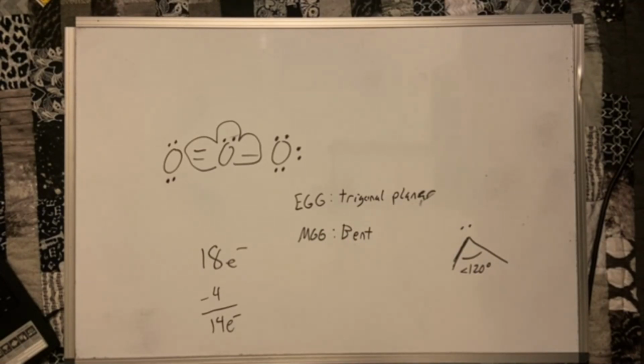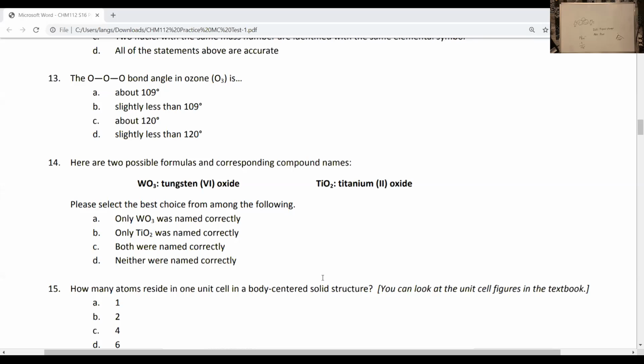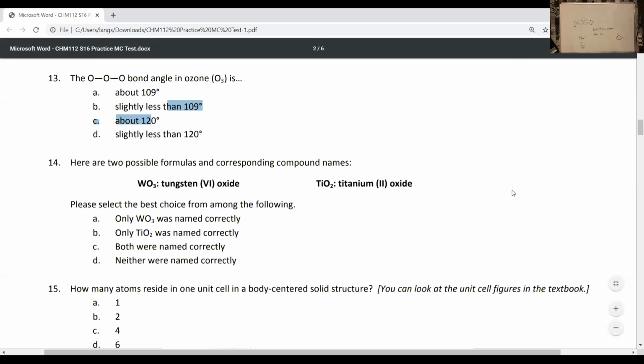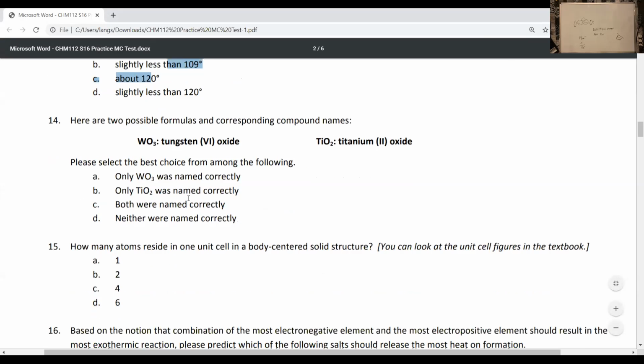That's the answer. Slightly less. They're trying to get you with this, because you would think if it's trigonal planar then it's 120, but we have a lone pair there, so it's going to make it less.